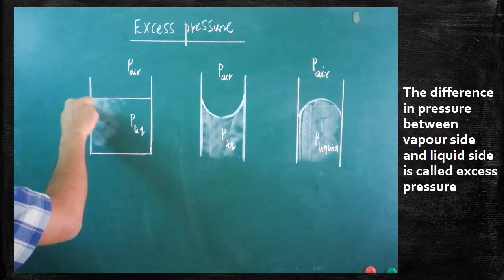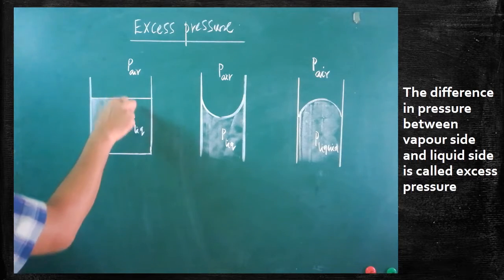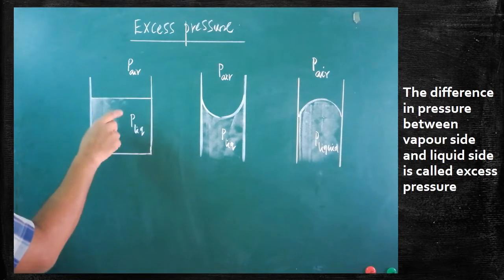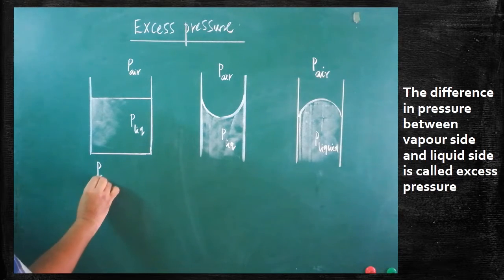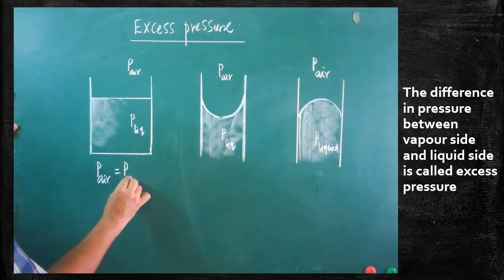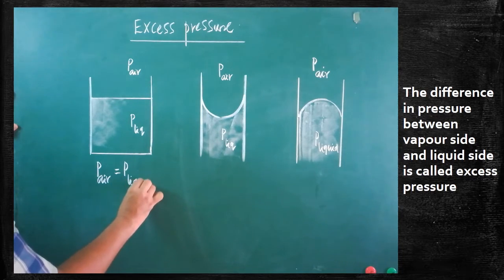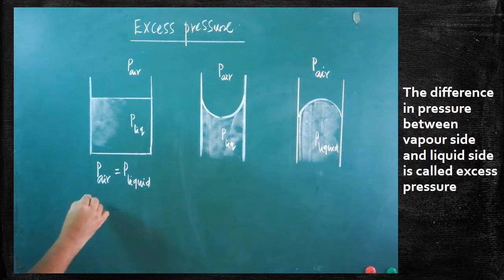This is a line of separation. Here the pressure due to air and pressure due to the liquid both are equal. Therefore we can write P air is equal to P liquid. Are you clear? If you find the difference between these two, the excess pressure will be zero.